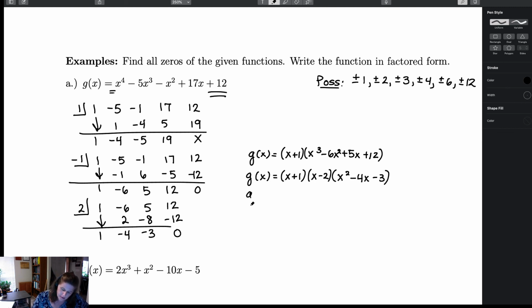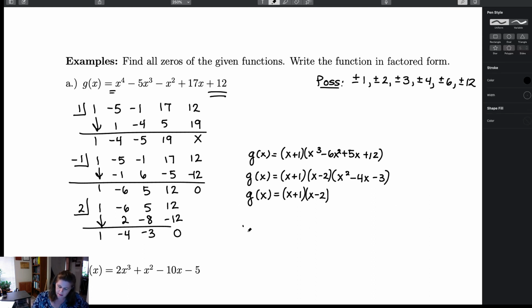So g of x is equal to x plus 1 times x minus 2 times x. We have a negative and a positive, and we have x minus 3, and hold on. 3 and 1 give me 4. They're both negative though, and this does not factor. All right, if you want to make sure that you have something that doesn't factor, you can use the quadratic formula.